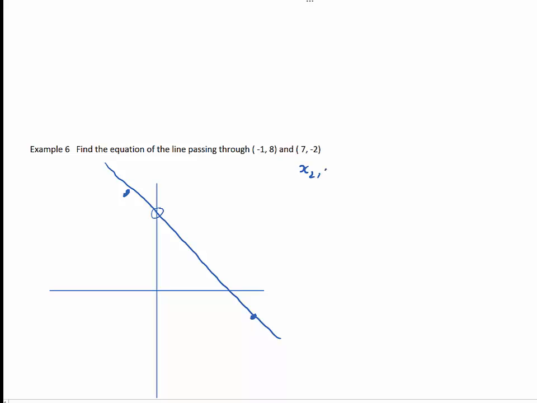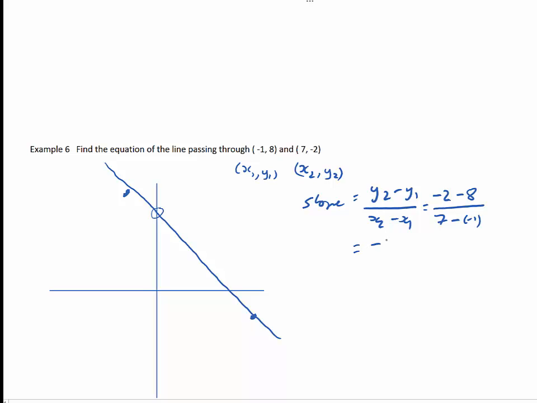Being consistent and careful, the slope will be y2 minus y1 divided by x2 minus x1, which in this case is minus 2 subtract 8 divided by 7 subtract negative 1.